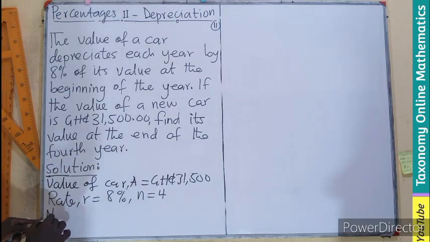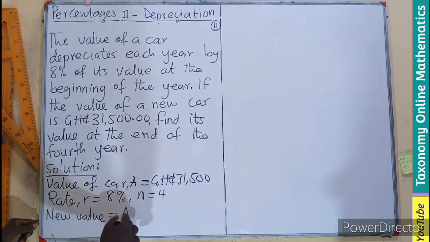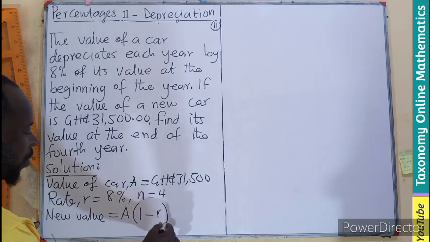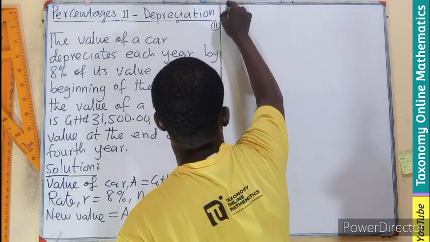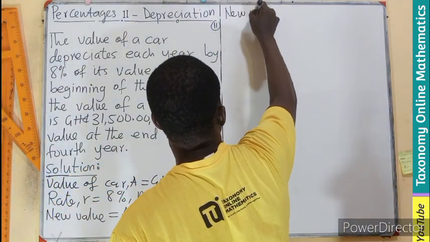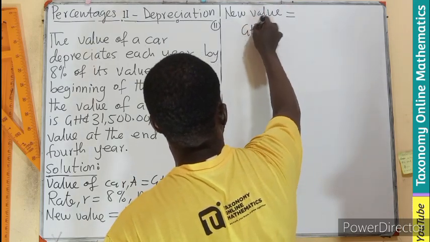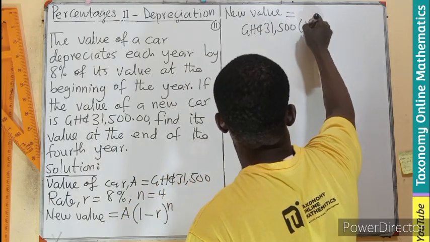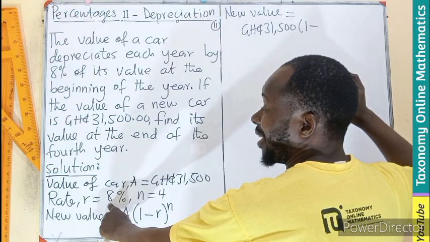So our new value, by formula, will be A, which is the amount, the original price, times bracket 1 minus r, all raised to the power of what? N. So by substitution, your new value should be equal to 31,500 times 1 minus the rate, which is in percentage.